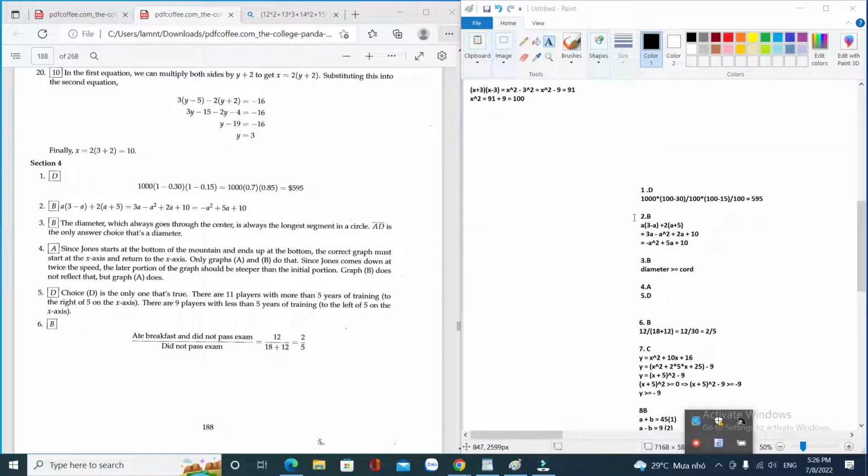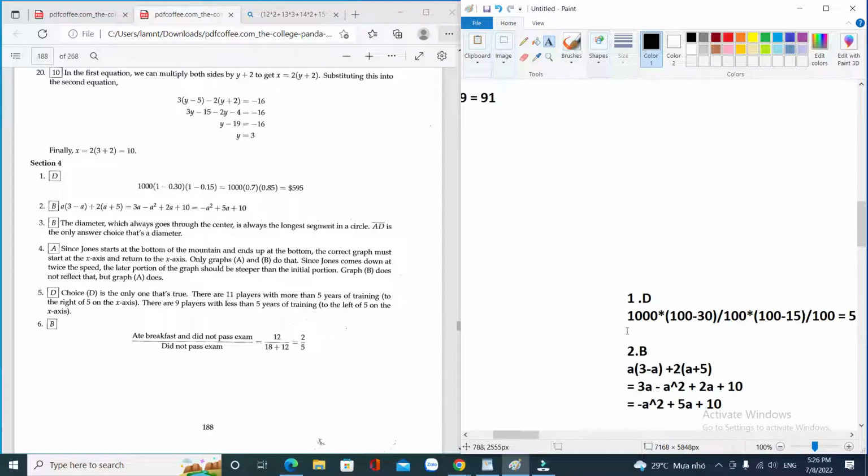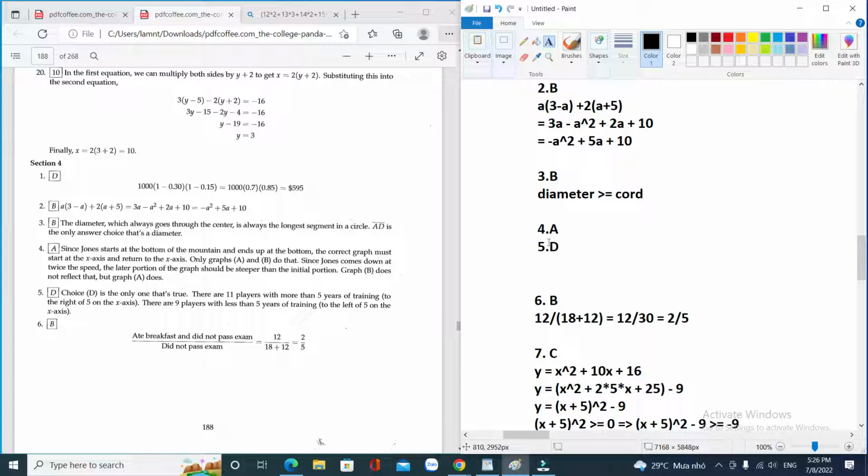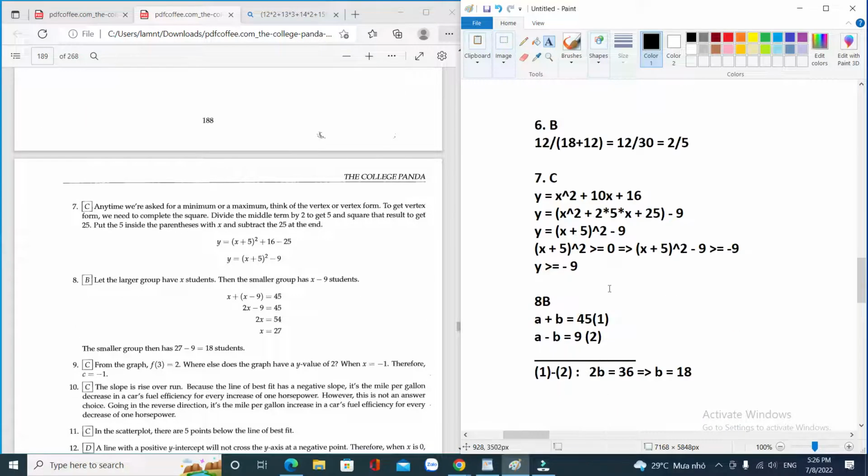So 1 is D. Okay, that's good. 2 is B, so that's correct. 3 is B. 4 is A, and 5 is D. 6 is B. 7 is C, because you get just a mean, right? 8 is B, because B is equal to 18.